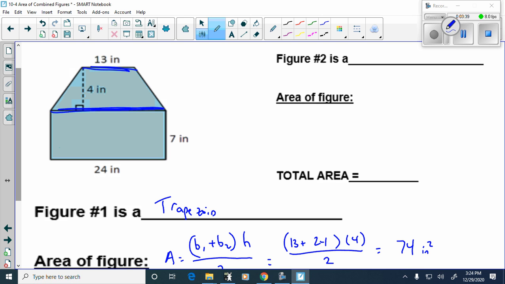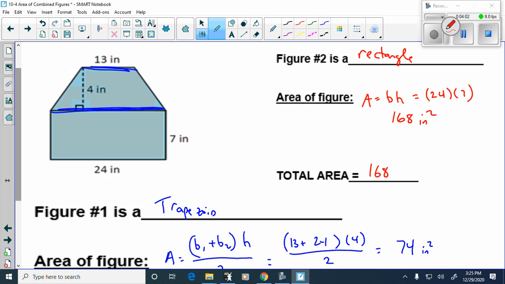Now figure 2 is a rectangle. And the formula for the area of a rectangle is base times height, or 24 times 7. And of course, you can use your calculator to do these, but this is going to be 168 square inches.